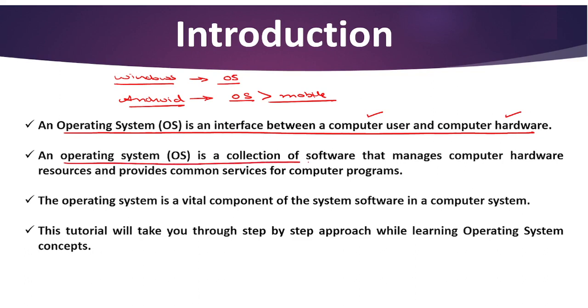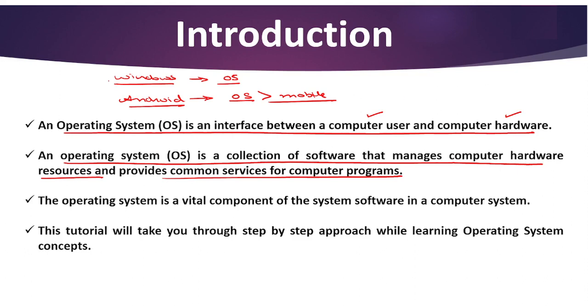An operating system is a collection of software that manages computer hardware resources and provides common services for computer programs. This is a very important statement. It means processing of data, running any application in your computer or mobile system, file management and handling the memory are all managed by the computer operating system or mobile operating system, right?